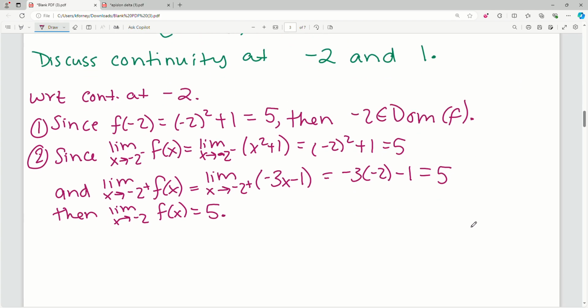So now, if 1 and 2 exist and they're equal, then we're continuous.